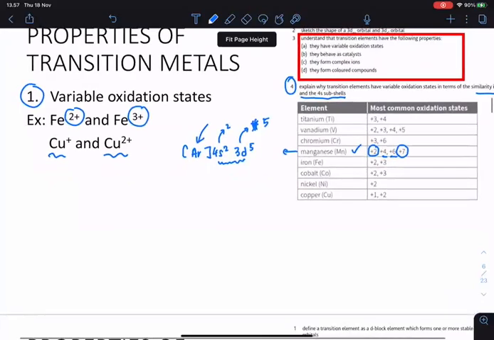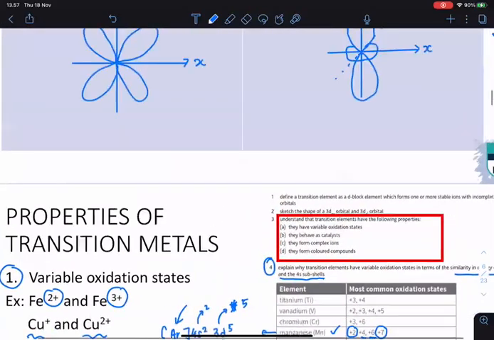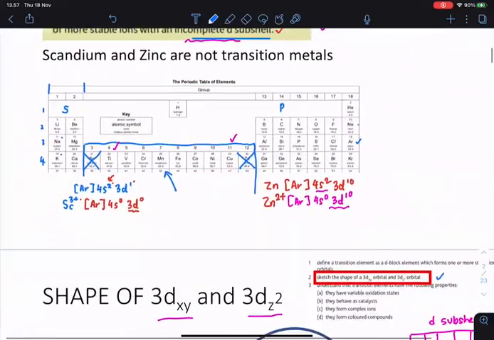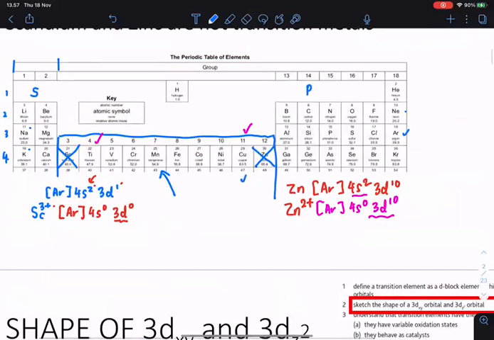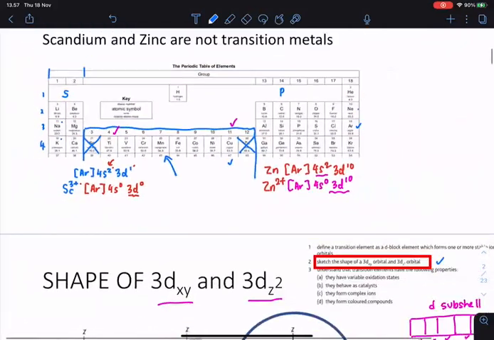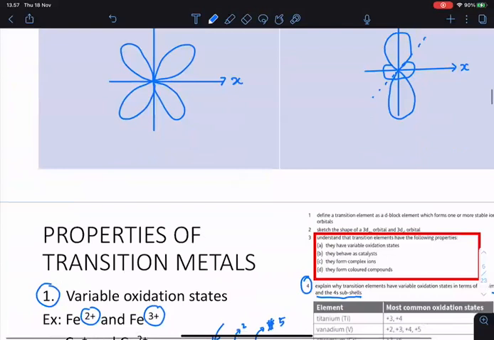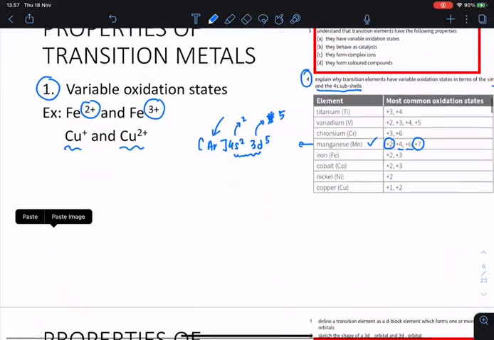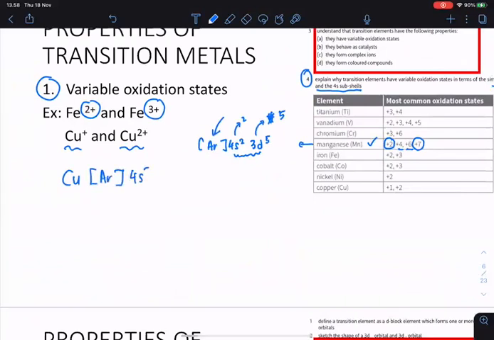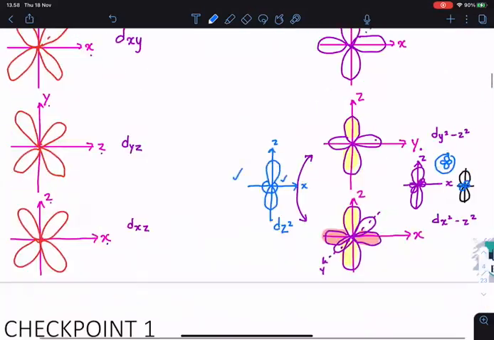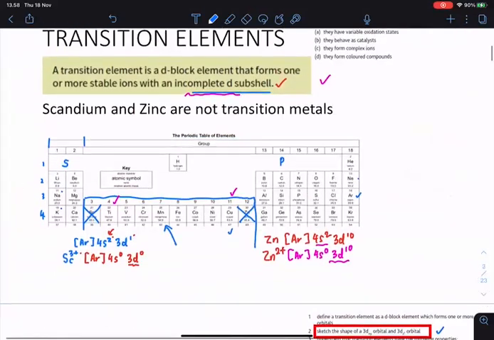I'll show you for copper. If you look at your periodic table, copper is here, group 9. But copper is special. I hope you remember about copper. When I write down for copper, it is going to be Ar 4s2 3d9.